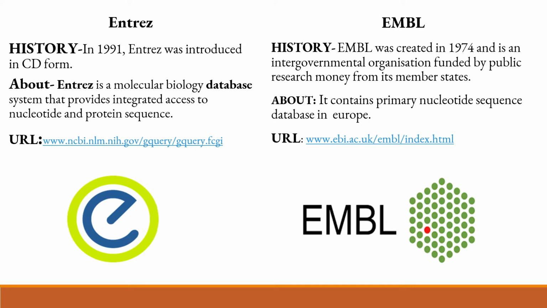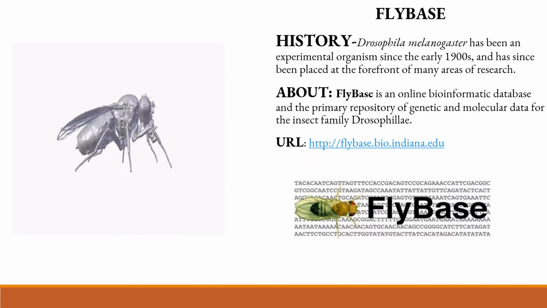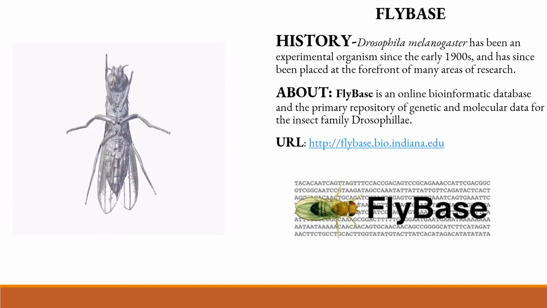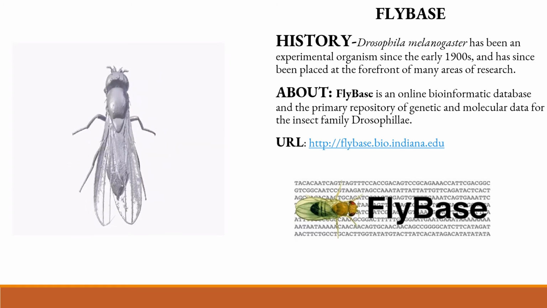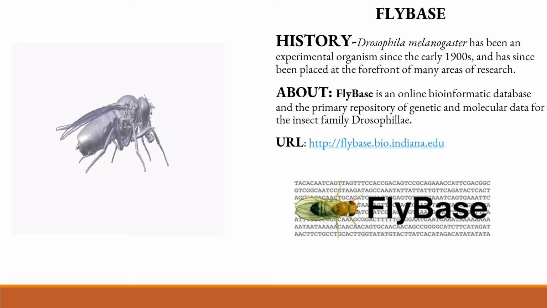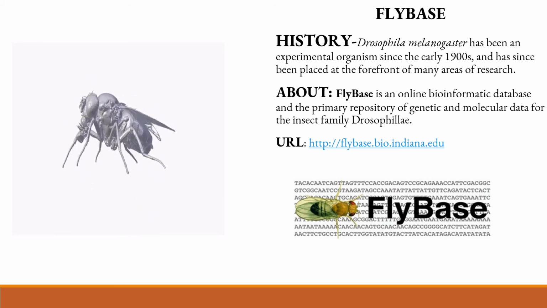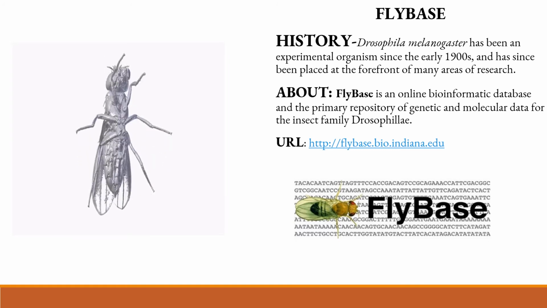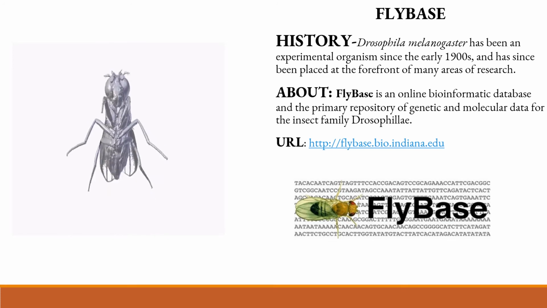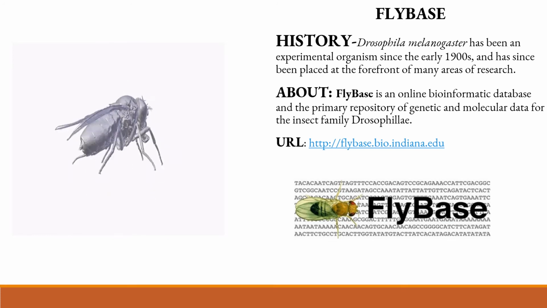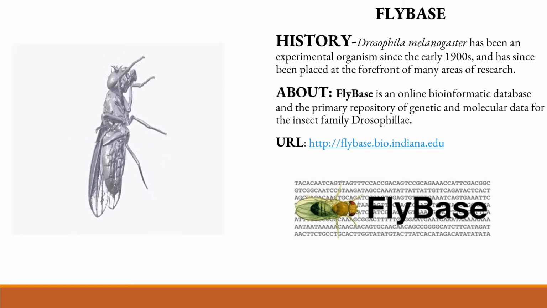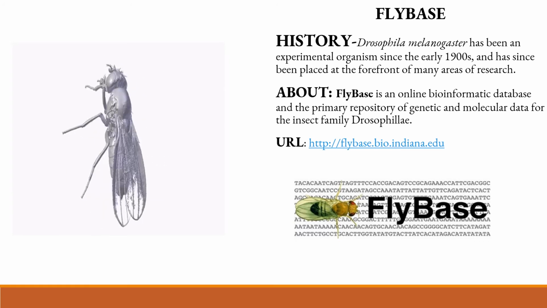Moving to the next databases. So this one is our third database that we are discussing. Its name is FlyBase. Drosophila melanogaster has been an experimental organism since the early 1900s and has since been placed at the forefront of many areas of research. FlyBase is an online bioinformatic database and the primary repository of genetic and molecular data for the insect family Drosophila.